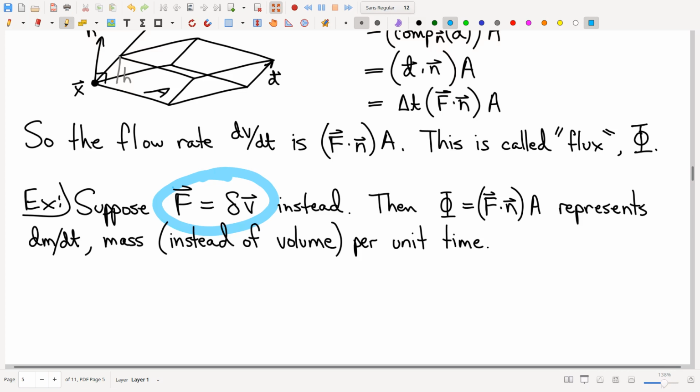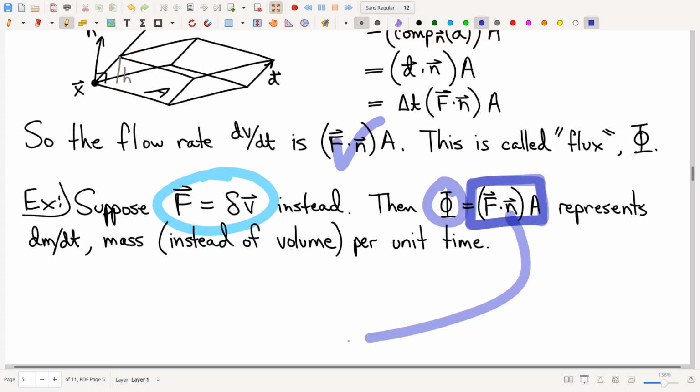Seems a little strange at first glance, but what if I use that to represent my fluid flow, and that in particular, that's what our vector field is. Why would I do such a thing? What does this buy me? And the answer is, the reason we would do that is because then if you compute this thing called flux, again, the same exact expression that we previously had that previously told us volume per unit time.